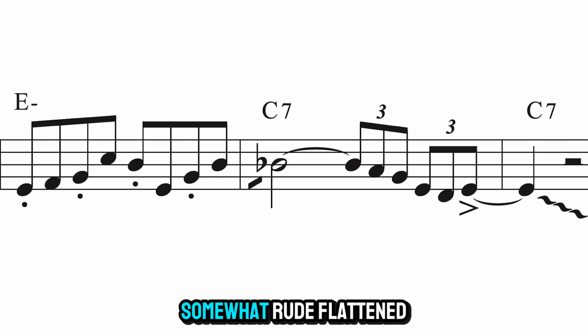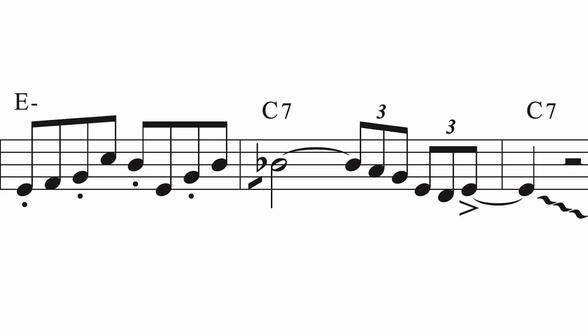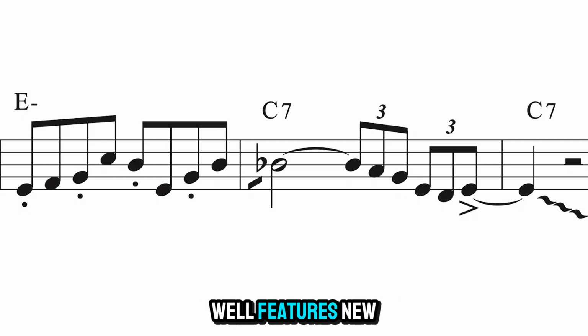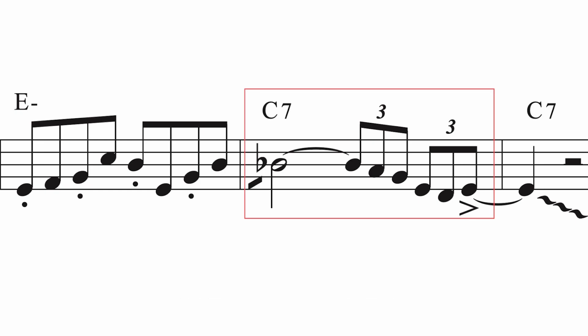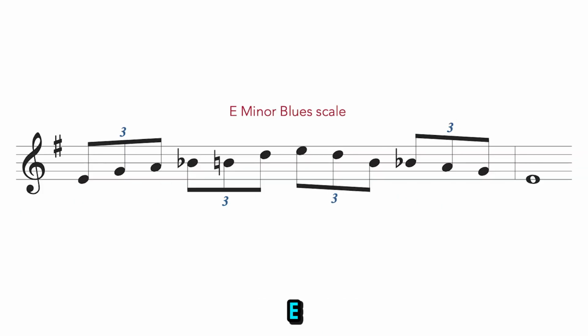Apart from this somewhat rude flattened fifth, this bar also features new note choices, rhythms and articulations. All of these notes can be thought of as coming from the E minor blues scale.